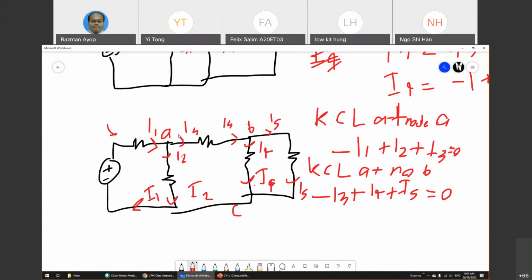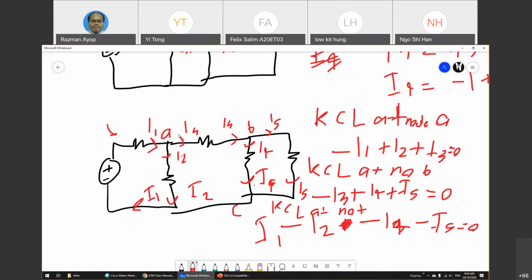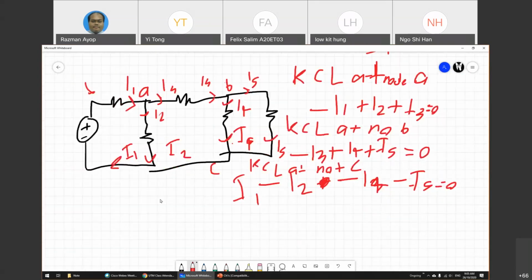So basically, negative I1 minus I2 minus I3 minus I4 minus I5 is equal to 0. So if you apply KCL at node C, can you get this?